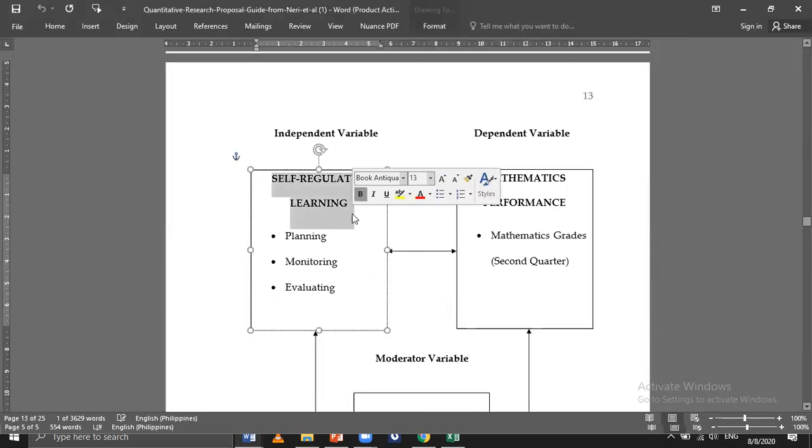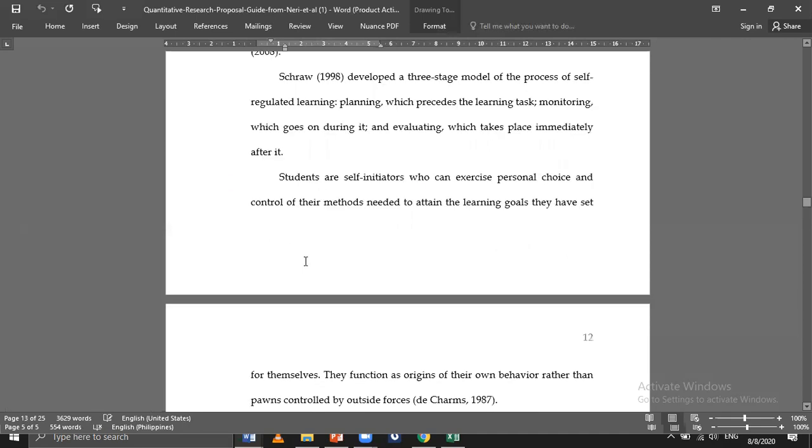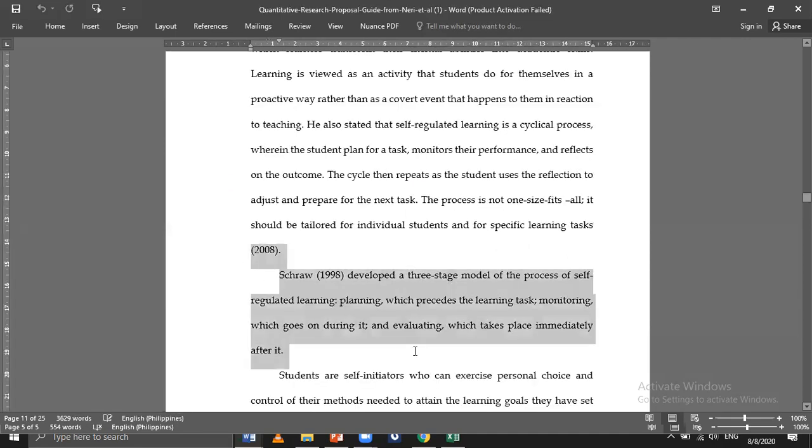Self-regulated learning is your independent variable, and it can be measured through planning, monitoring, evaluating. So these are the indicators of self-regulated learning. And of course, these should be seen in your source, or the concept that you found.